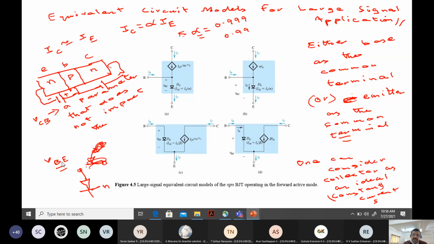It is only dependent on VBE, which will be the input side. So the collector terminal is represented by a current source here.